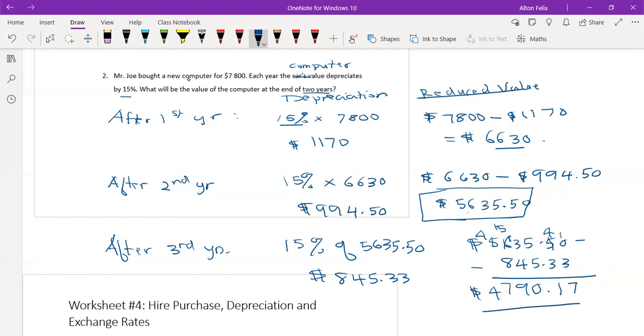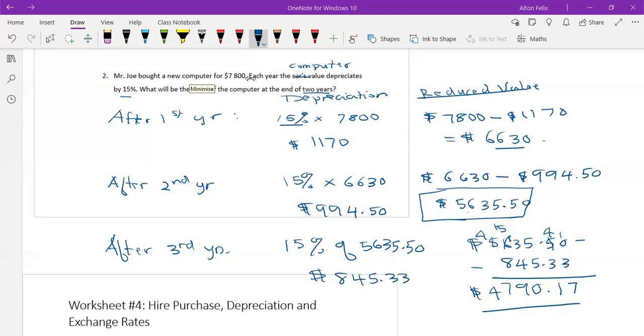So assuming that is correct, and we'll check it now, that will be the value of the computer after 3 years. Right, 90.17, we rounded. Just to convince you of that, let's do it.